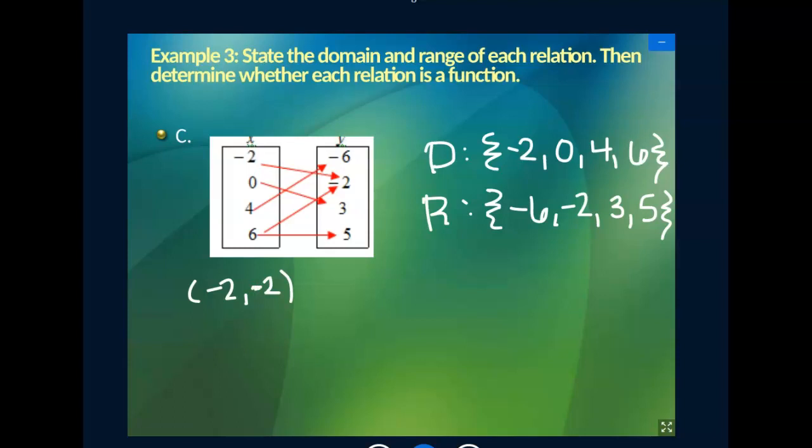On a mapping, we know that something is a duplicate or a repeat if there are two arrows going off the same number. So because 6 goes to 5 and -2, this is not a function because that 6 repeats in our domain.